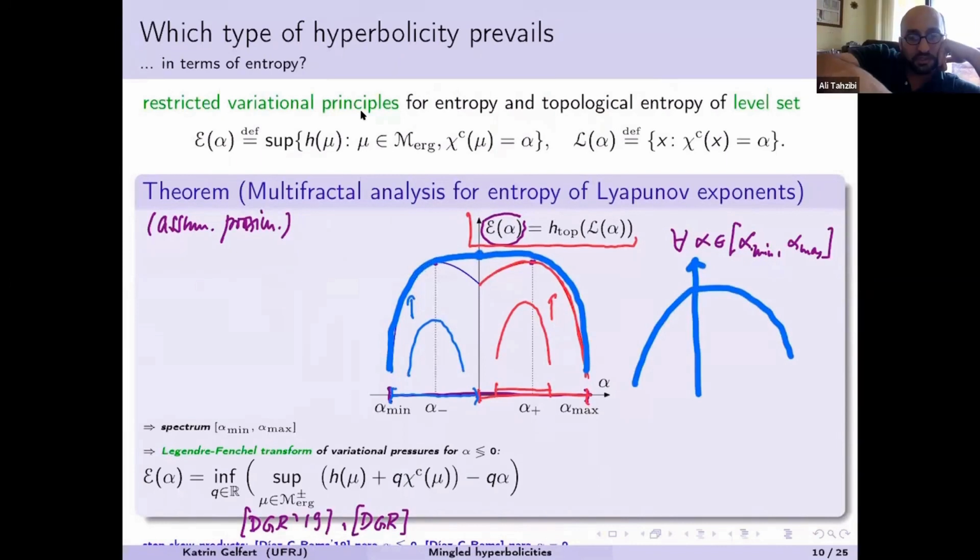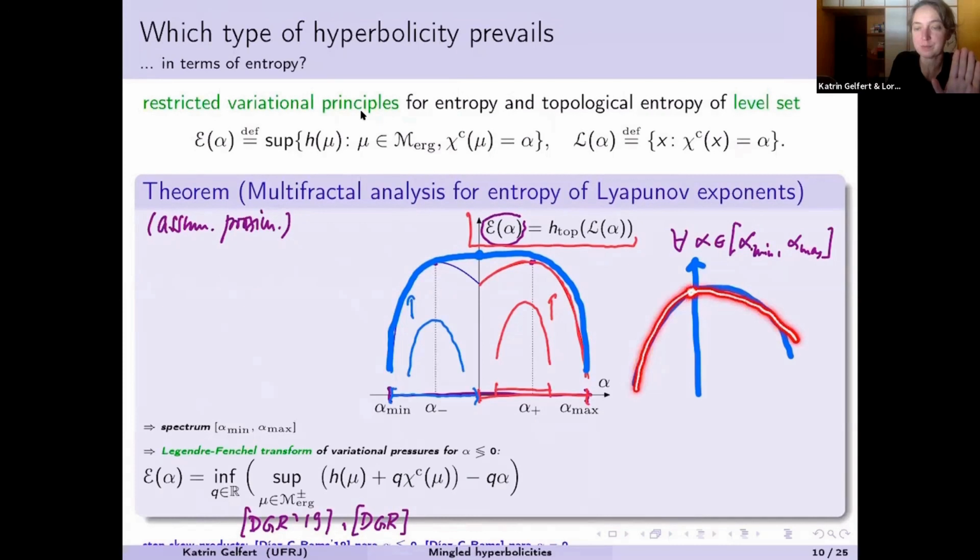In the first picture that you drew, it seems that it is kind of flat, isn't it? Well, what you know is that you have two concave functions that meet in a common point.